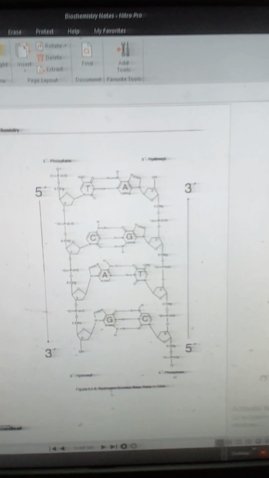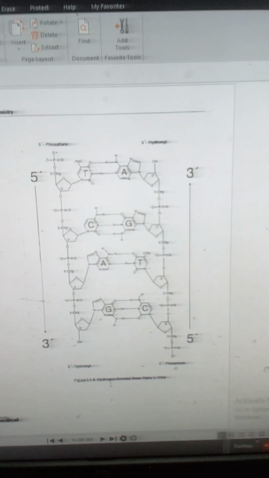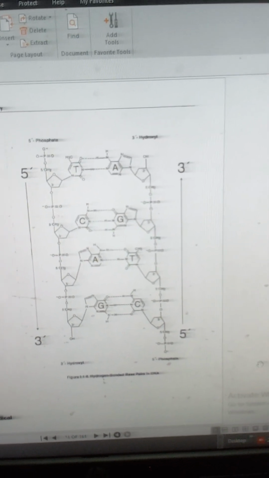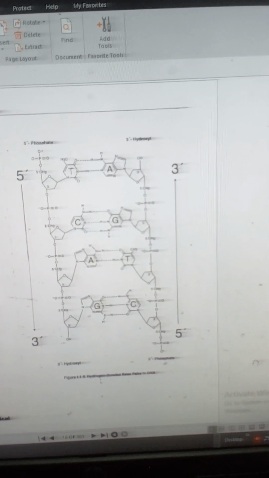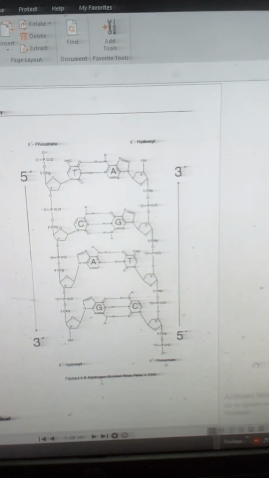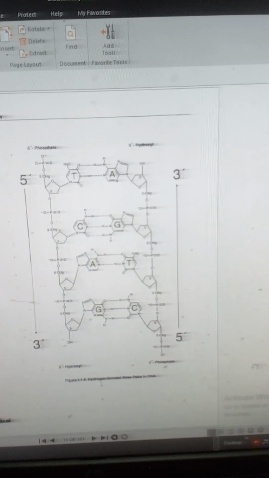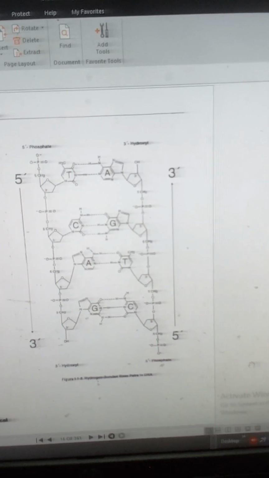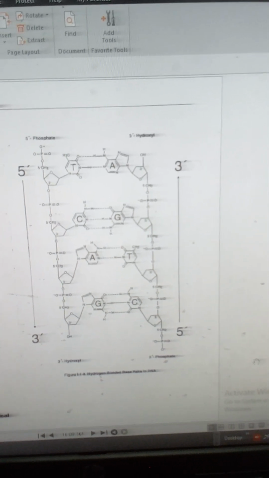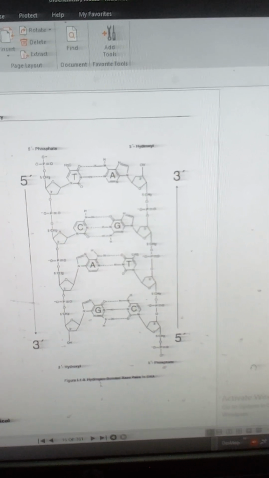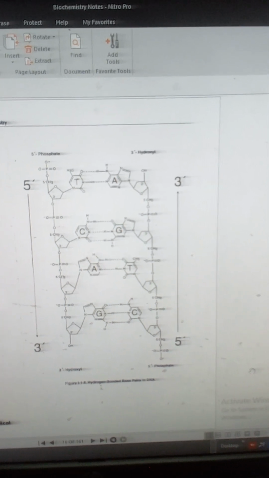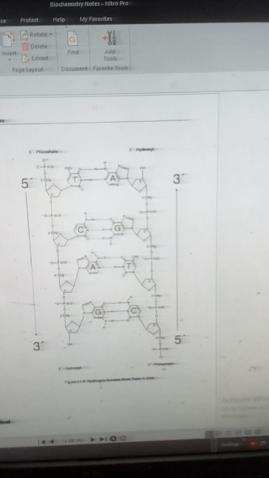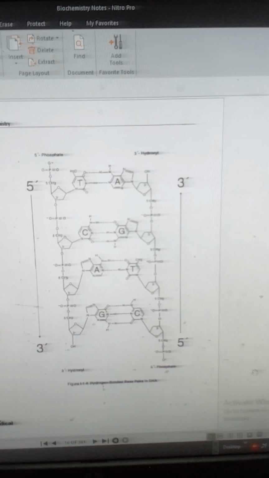Finally, due to this specific pairing, the amount of adenine in a double strand will always equal the amount of thymine or uracil on the other strand. The amount of guanine on one strand will always equal the amount of cytosine on the other strand.